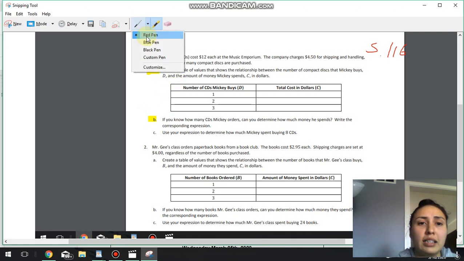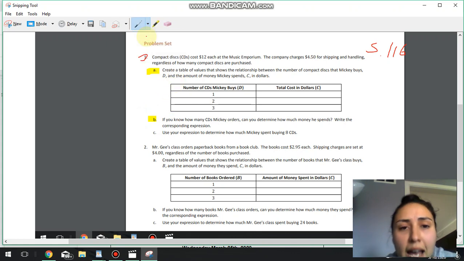So it says compact discs, which are CDs, cost $12 each at the Music Emporium. The company charges $4.50 for shipping and handling. Again, that's a one-time fee, regardless of how many CDs you purchase.